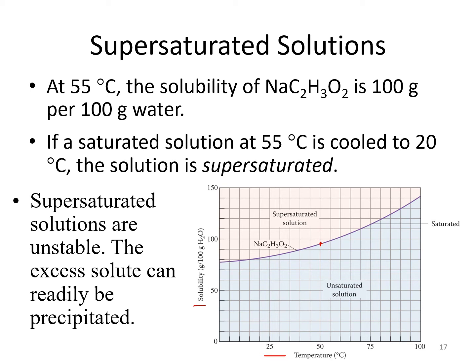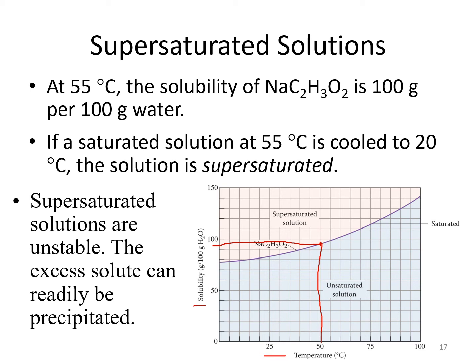So we go up, okay, 50 degrees, we go across, that looks like about 90 grams. So at 50 degrees Celsius, I can dissolve 90 grams of my solute, which is sodium acetate, in 100 grams of water.